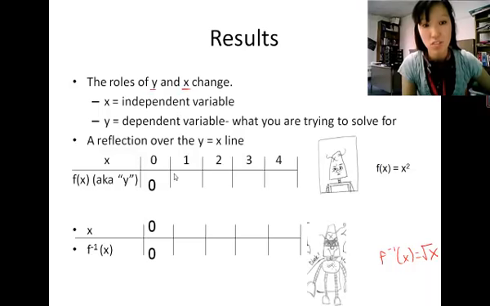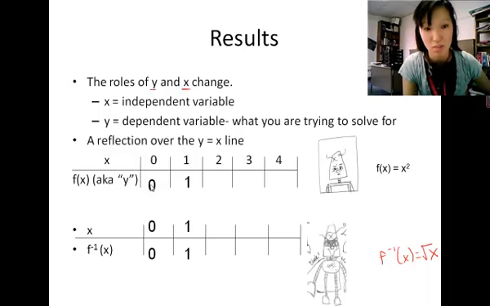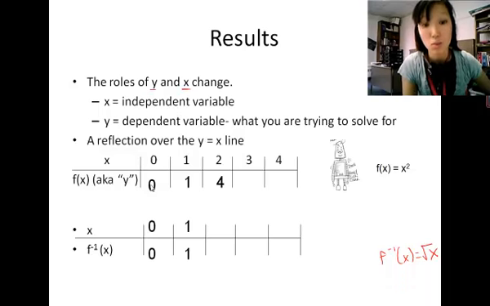So 0 squared is 0. Let's look at 2 squared, which would have gotten 4. He did all this work, he got 4.